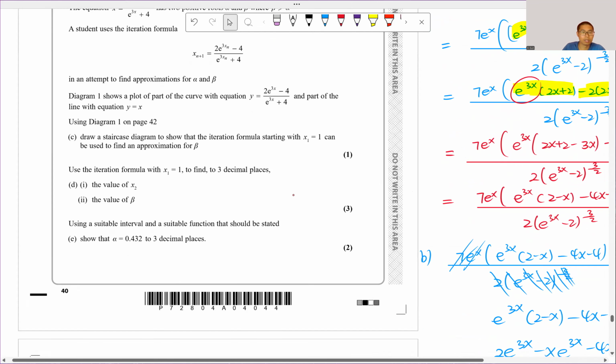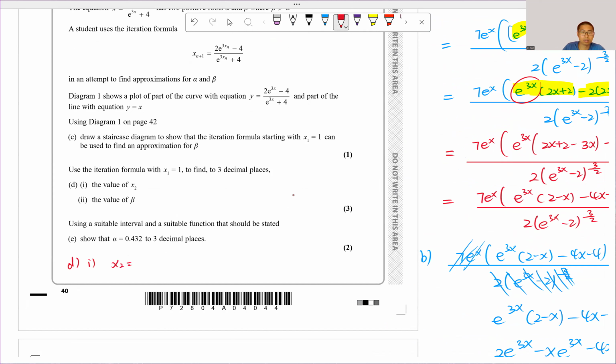So to find x2, x2 should be equal to 2 e to the power 3x1 minus 4 over e to the power 3x1 plus 4. So you can just do 2 e to the power 3 times 1 minus 4 over e to the power 3 times 1 plus 4, and put that in the calculator.